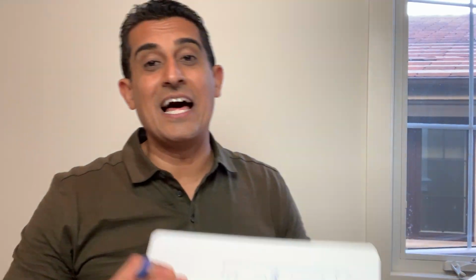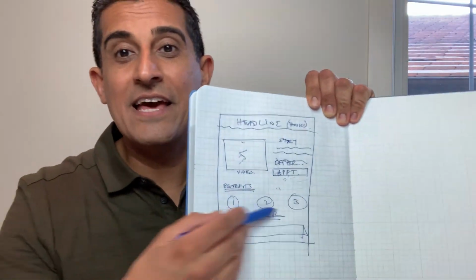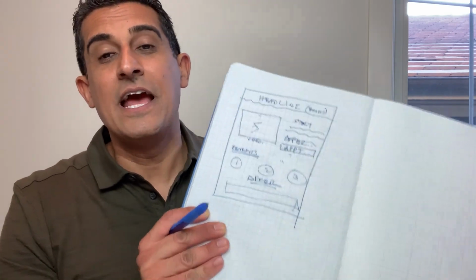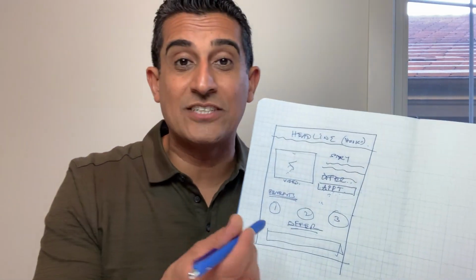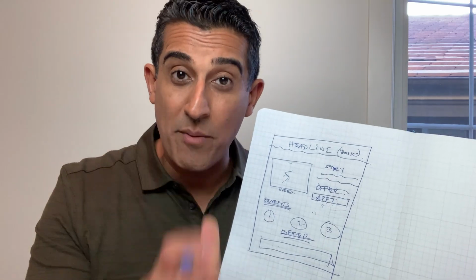Specifically, get patients in for that treatment, not just get a new patient in. Drive them to a page that has a hook or a headline, a story, and then an offer underneath that story, and then some benefits here as well, where they can actually go in and make an appointment request to come into your practice. That's how it works. That's how you get people into your office for a specific treatment.